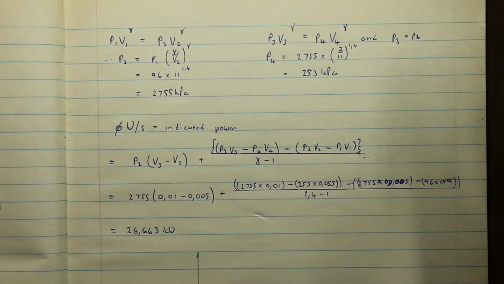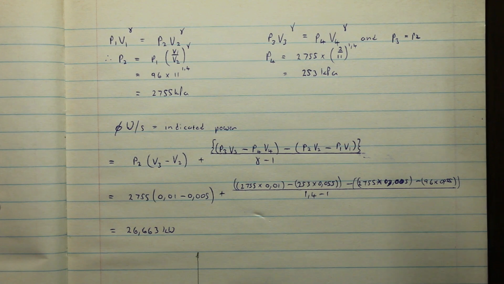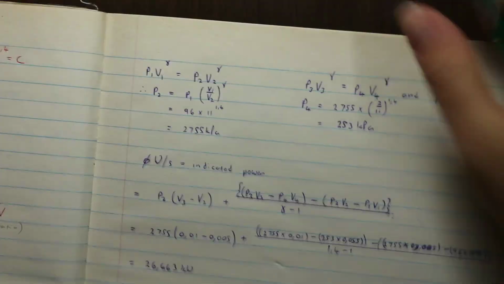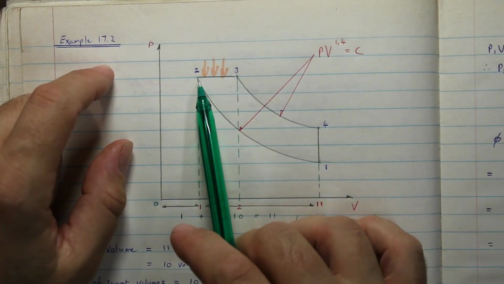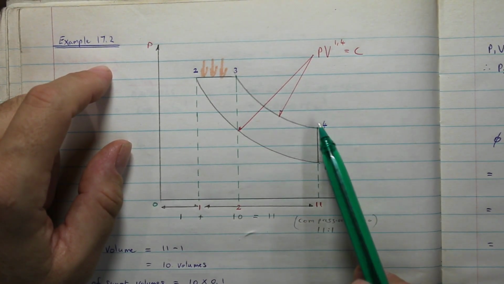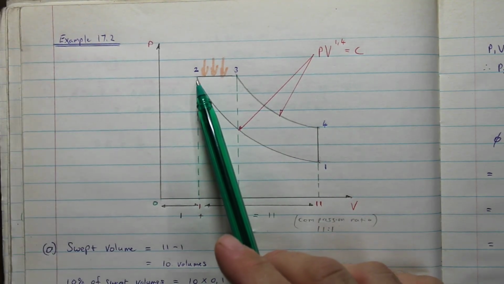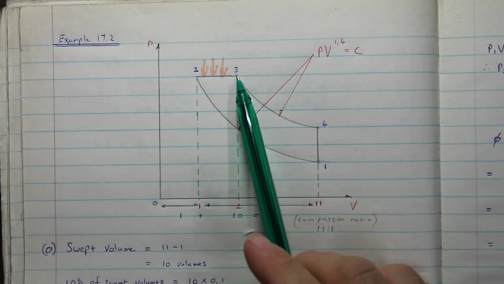Okay, but now we need to combine these, because we don't just have an adiabatic process. We've got two adiabatic processes and one constant pressure process. So if you look here again, that is an adiabatic compression. We have an adiabatic expansion, and then we have an isobaric or constant pressure process over there.